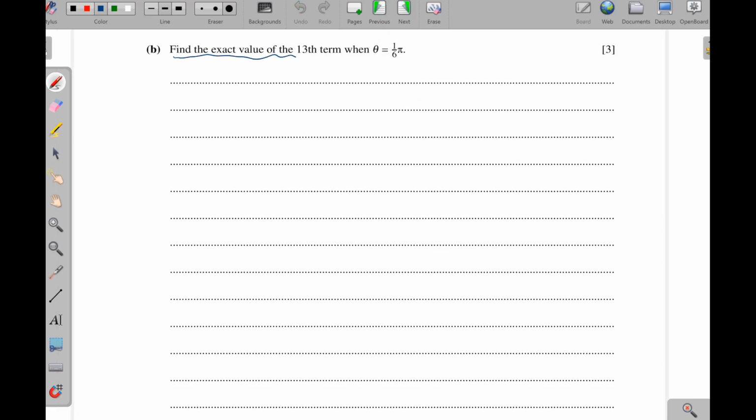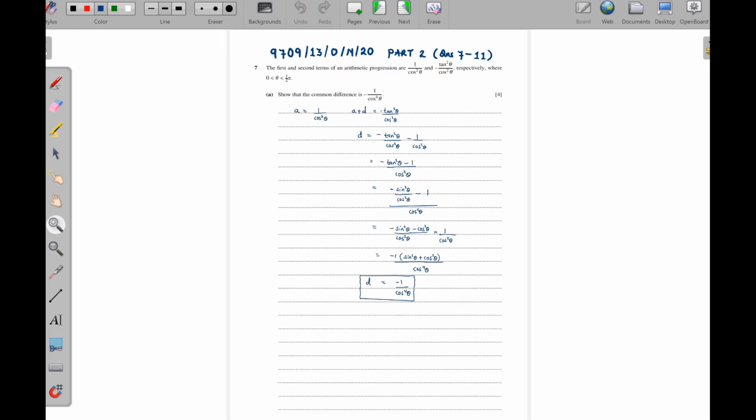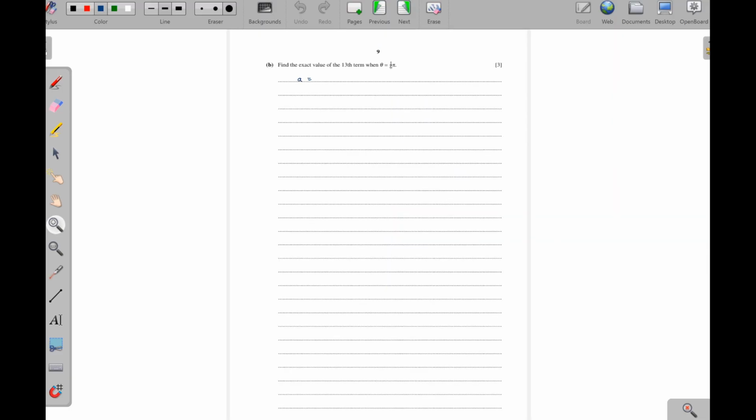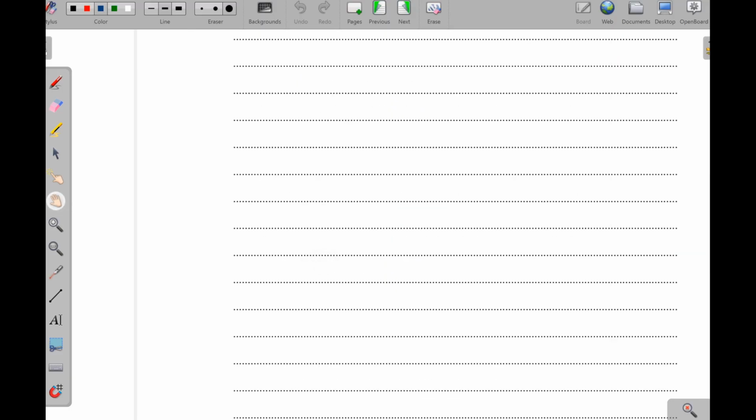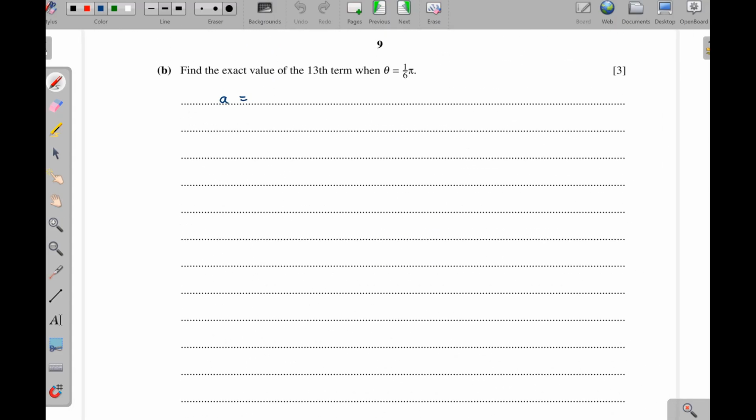Part B, find the exact value of the 13th term when theta is equal to pi over 6. Now our first term was given as 1 over cos squared theta. So let us find 1 over cos squared theta.